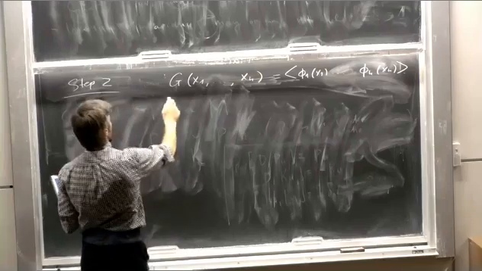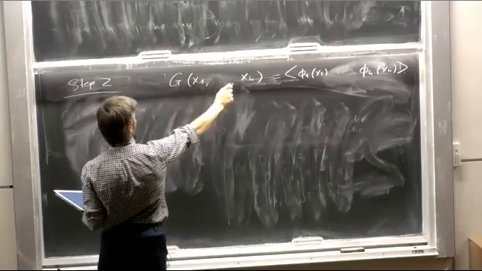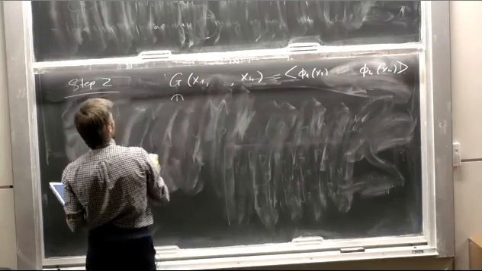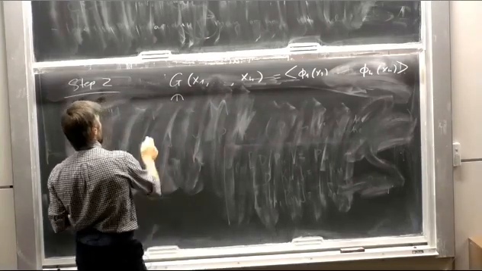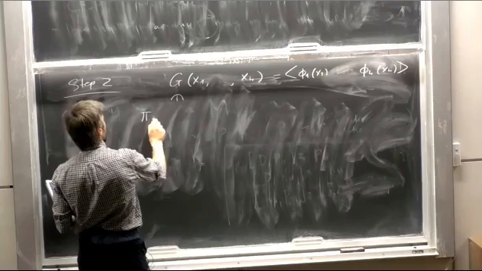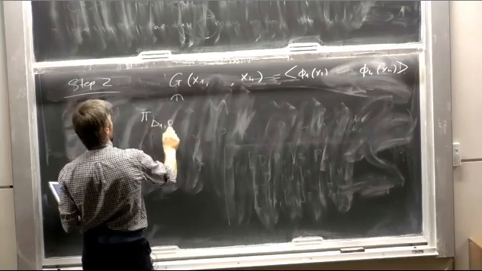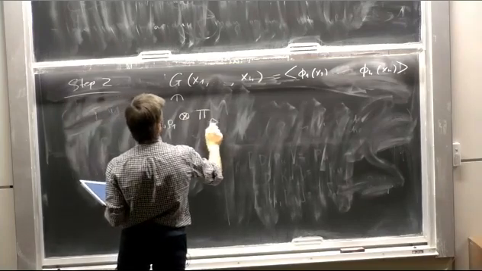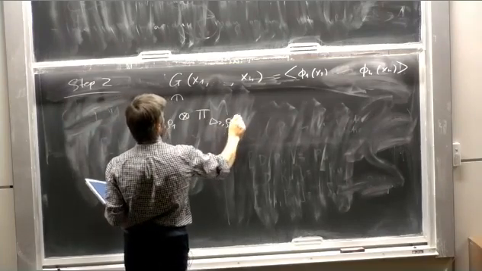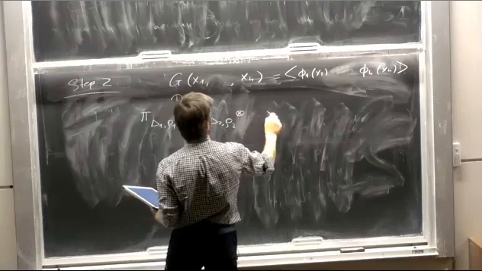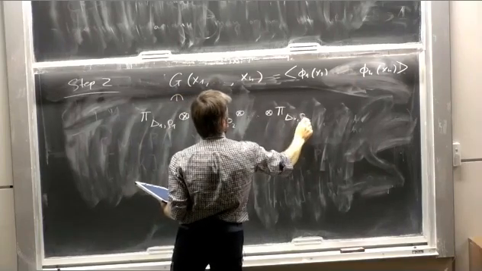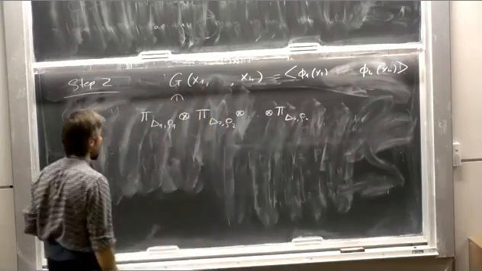And so this n-point correlation function belongs to the tensor product representation pi delta 1 rho 1 tensor product pi delta 2 rho 2 and so on. It lives in this representation.